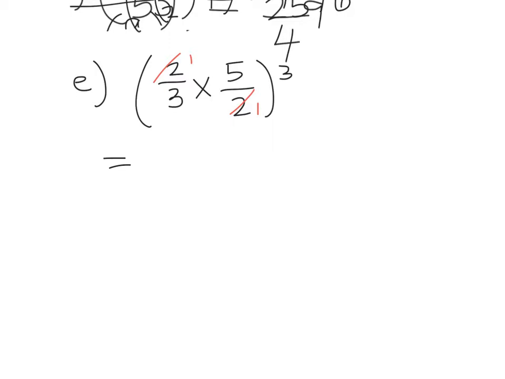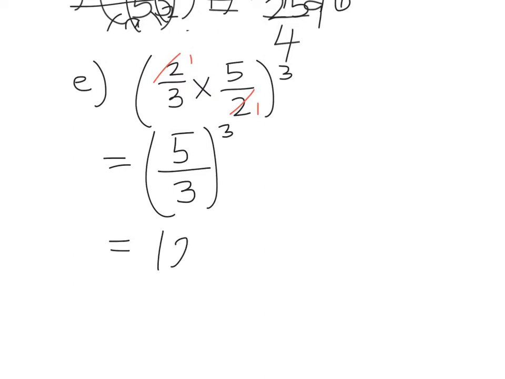Then we can say 1 times 5 is 5, 3 times 1 is 3, all cubed. And 5 cubed is 5 times 5 times 5, which is 125. And 3 times 3 times 3 is 27.